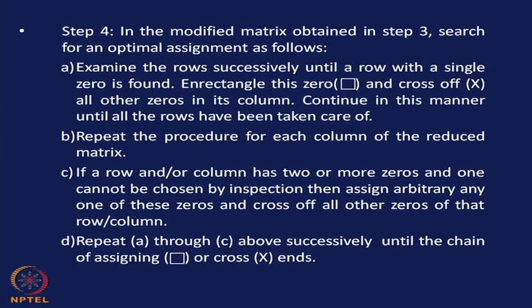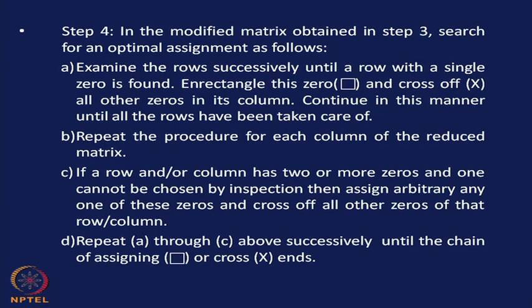Cross off all other zeros in its column. Continue in this manner until all the rows have been taken care of. So, basically you are trying to find a row which has only one 0. If you find a row like that, encircle it in a rectangular box, and in the corresponding column, if any 0 is there, cross it.